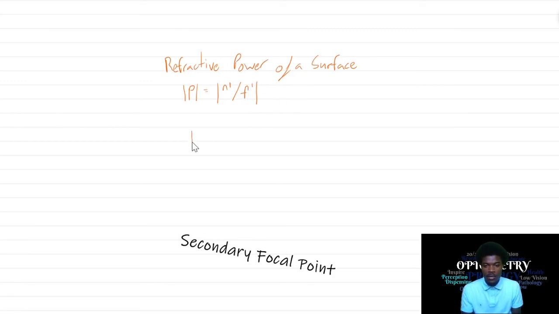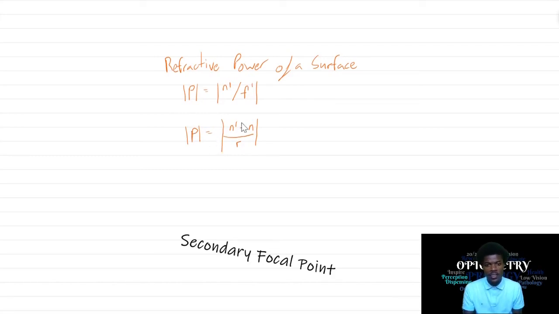Another way to calculate P is if we have the refractive index of this secondary medium and also the first medium that the light rays come from, modulus again, and all of that over the radius of curvature of that refractive surface. So these are the two ways that we can calculate the power of that surface.